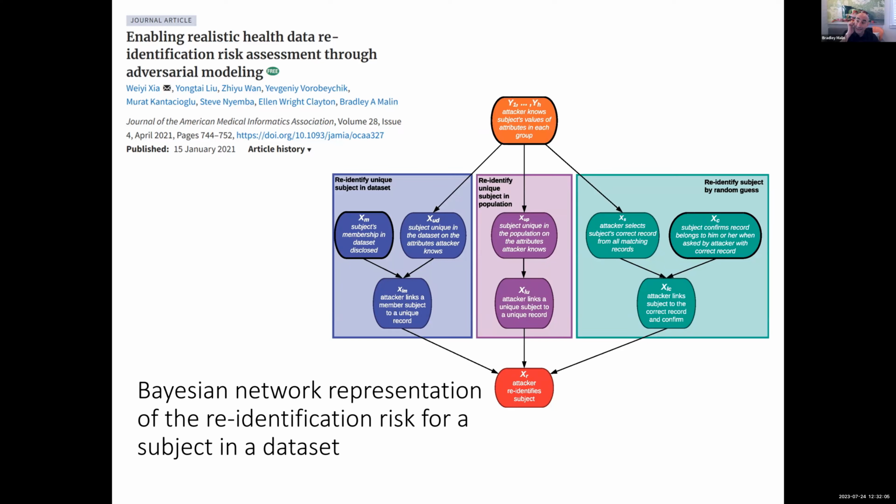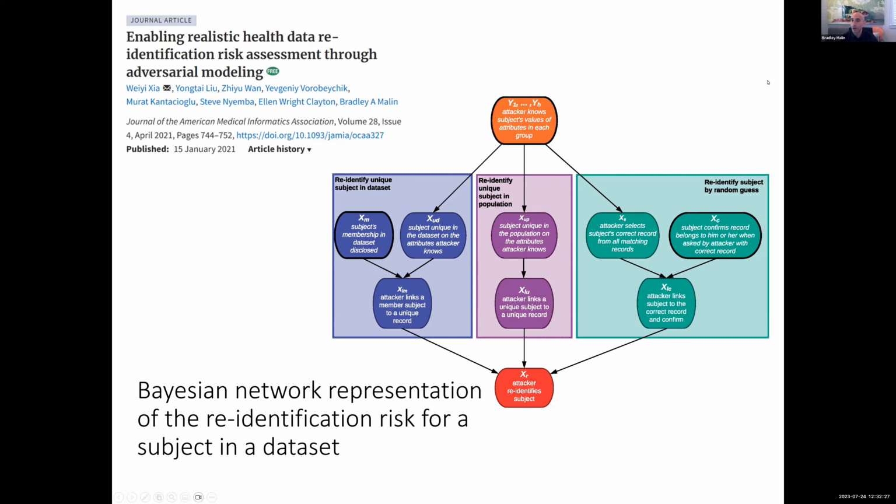Based on that, we can compute a re-identification risk score for each record in the data set. I'm not going to go through the details right now, but you can take a look at the paper. There's accompanying source code, and you could restructure this network if you see fit.